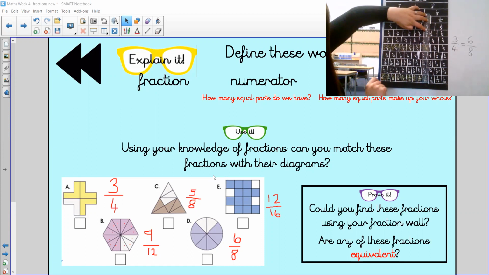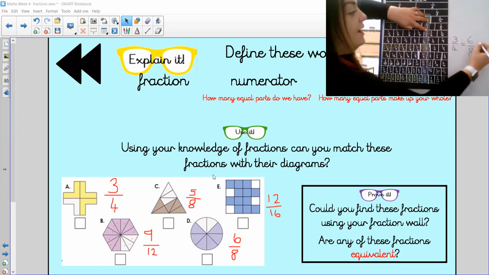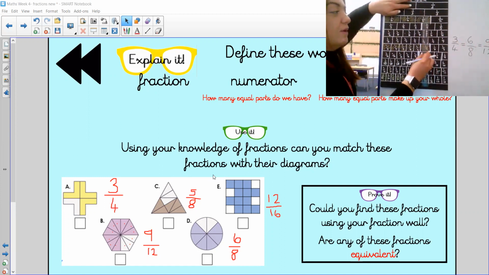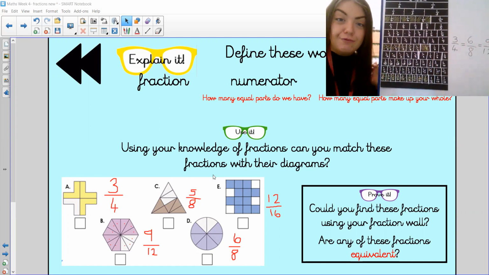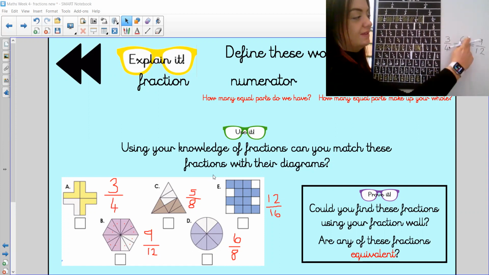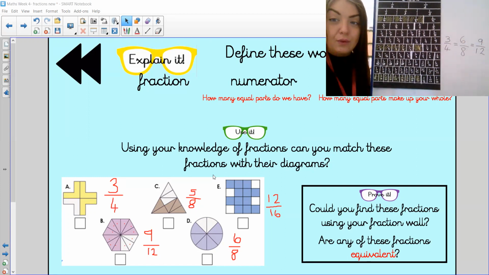So how many 12ths did we have? We had 9 12ths. So I can say that it is also equal to 9 12ths. So you can see how this is a really useful tool at seeing and visualizing your equivalent fractions. Okay, so we've got 3/4 is equal to 6/8, which is also equal to 9 12ths.